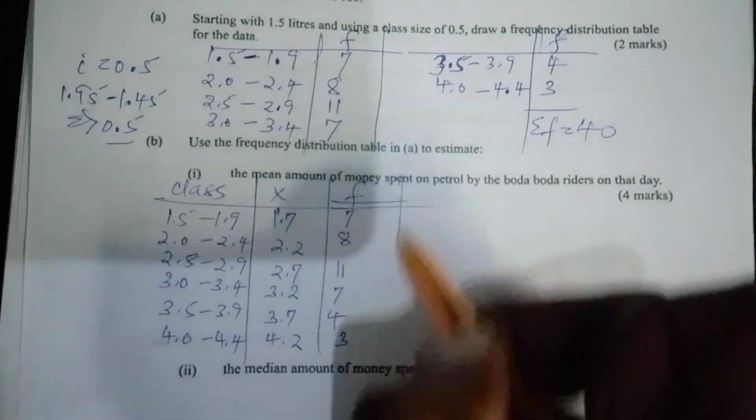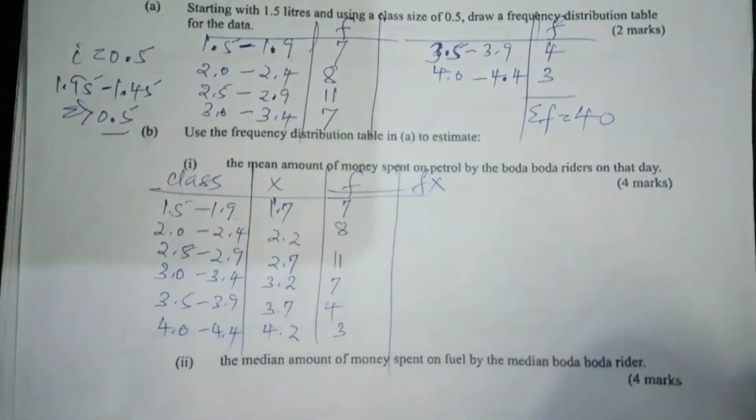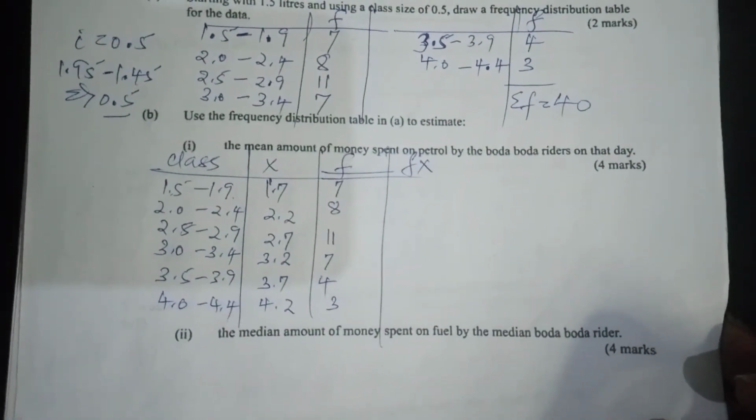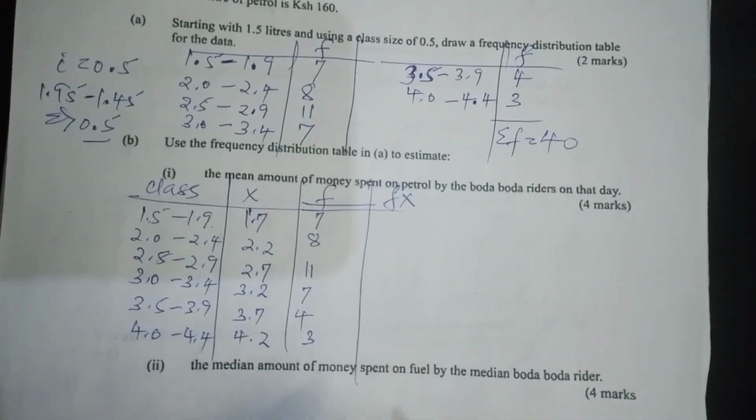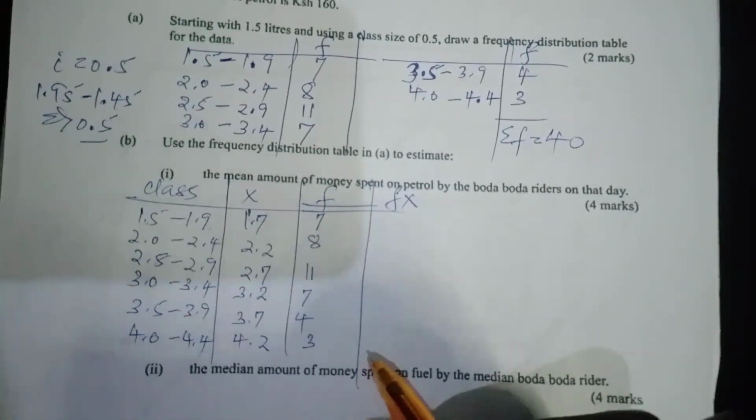Then you have to calculate fx. So it'll be multiplying frequency times midpoint, we get f of x.